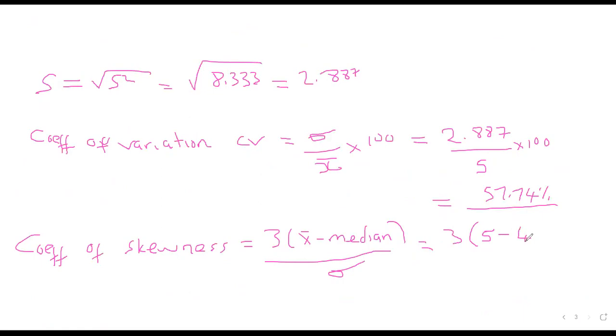Minus 4, divided by our standard deviation, 2.887. So what do we get? We get 1.039.